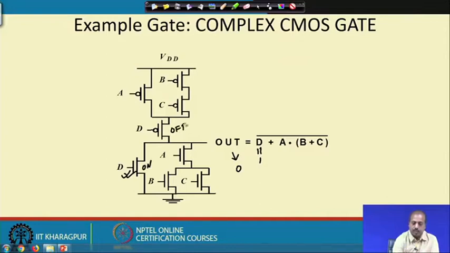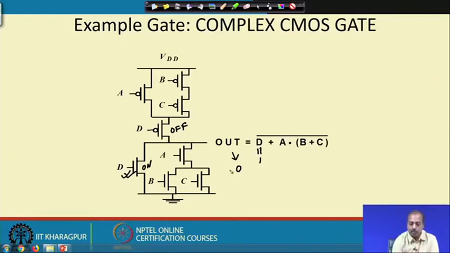As a result, we cannot have a current flow path from VDD, the supply voltage, to the output, whereas from output to ground there is a connection via this transistor. So, the output will become equal to 0. If D equal to 1, we will get a 0 here.